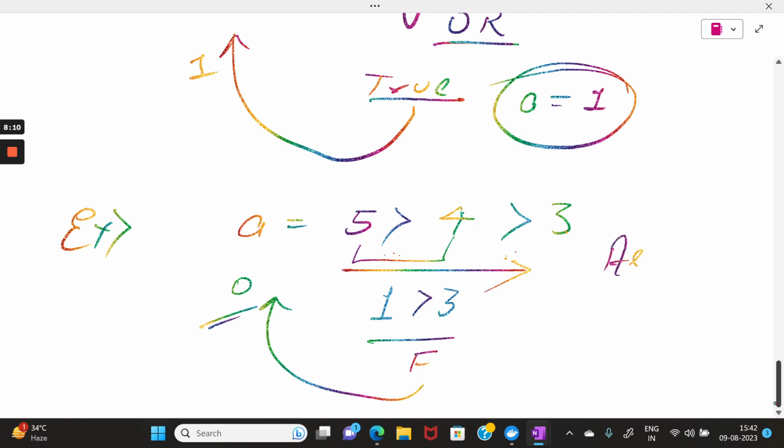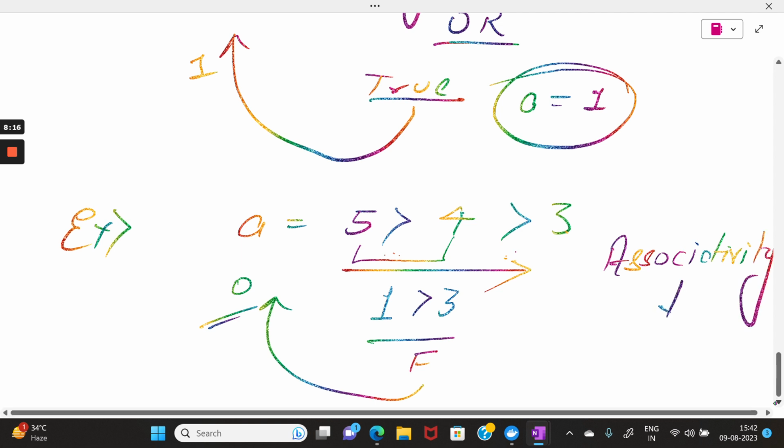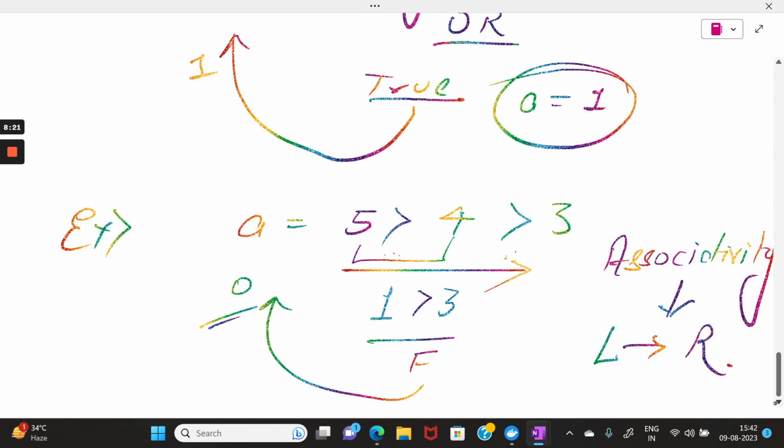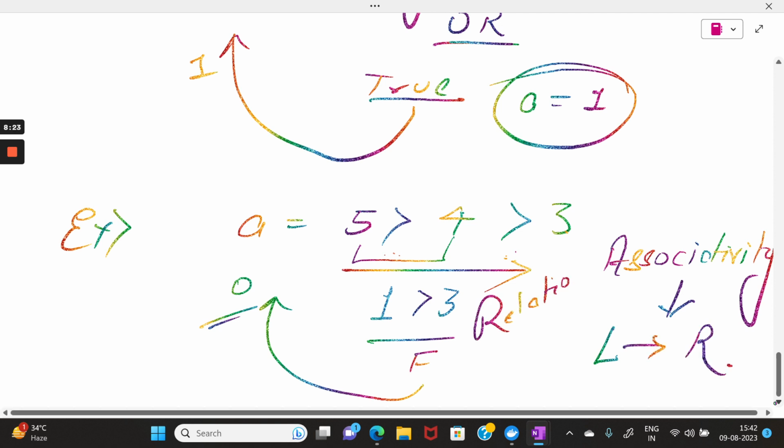Note here that we follow associativity, because if the precedence matches, we need to go for the associativity, and the associativity of relational operators is left to right. Please keep this in mind, because if you started with the right side, it would evaluate to true, then it would be 1, and of course our answer would be wrong. So please follow the associativity if the precedence matches.